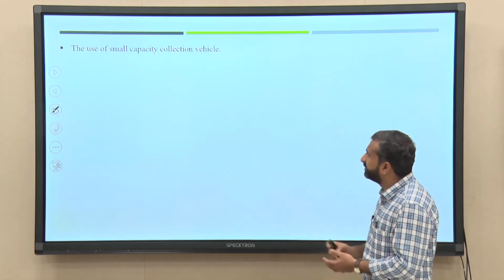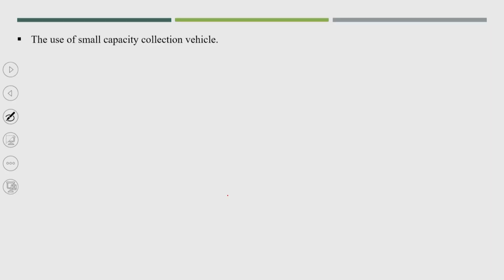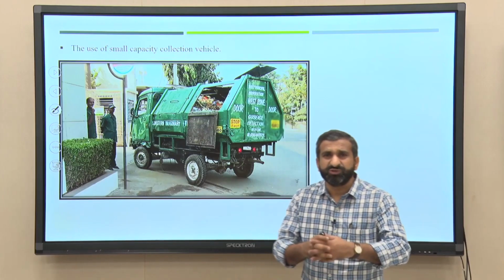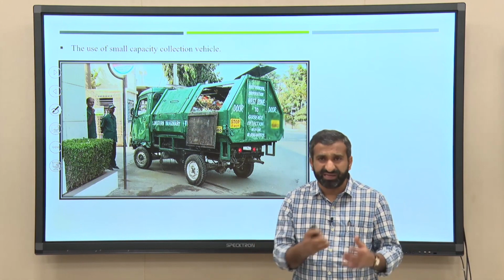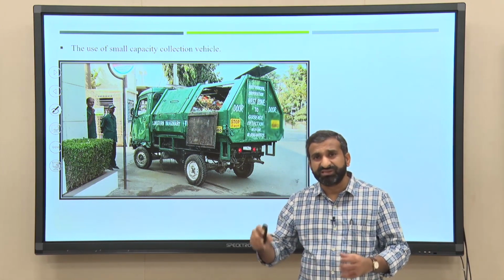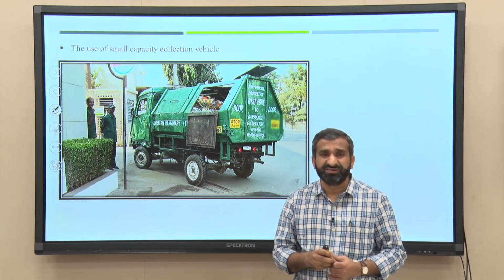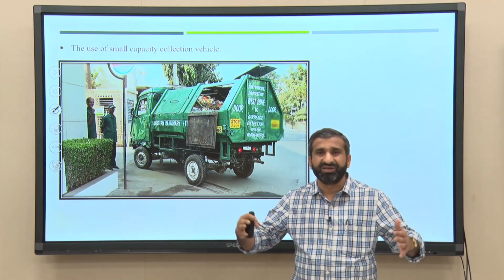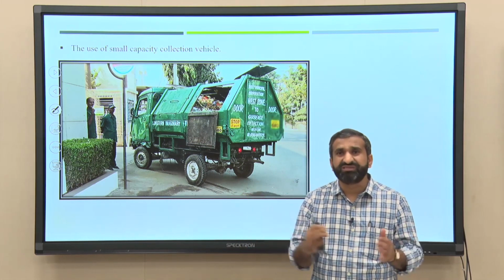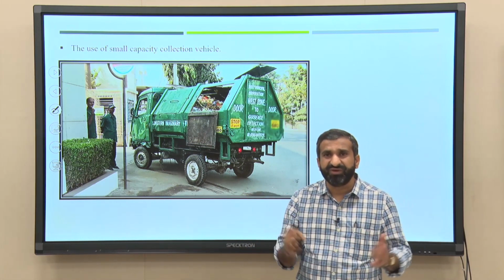Another factor is that it is possible to use small collection vehicles. If a transfer station is available very close, why use very big vehicles? In most of the cities now, under the Swachh Bharat Mission, most of the cities have started compactor vehicles hauling around 7 tons, 8 tons or 10 tons of waste in the same vehicle.